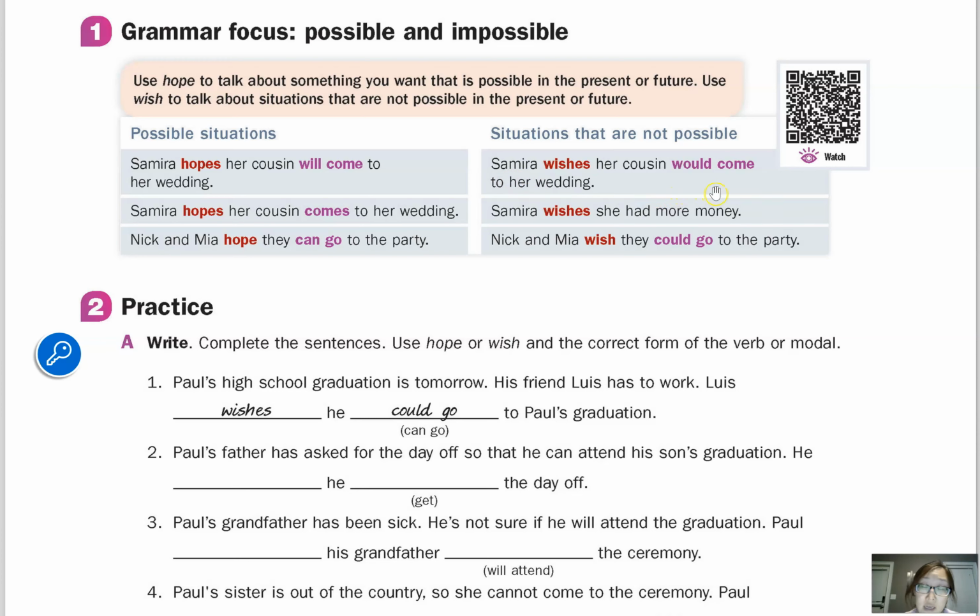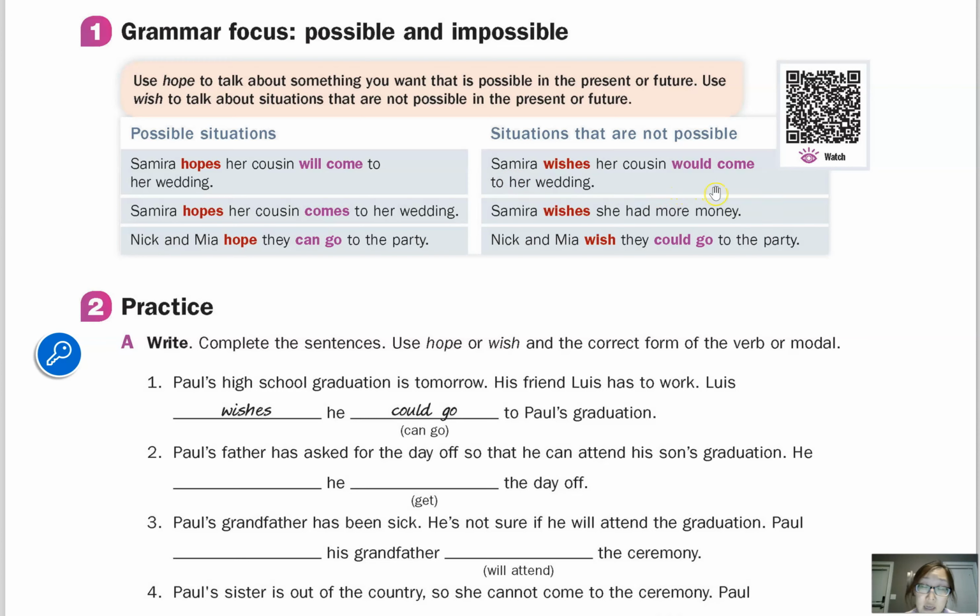But if it said Samira wishes her cousin could come to her wedding, it sounds more like her cousin actually can't, even though her cousin wants to. Okay, so in these situations, they are not possible because they are not going to happen, but would and could have a slight difference in that would includes intention and could means ability.